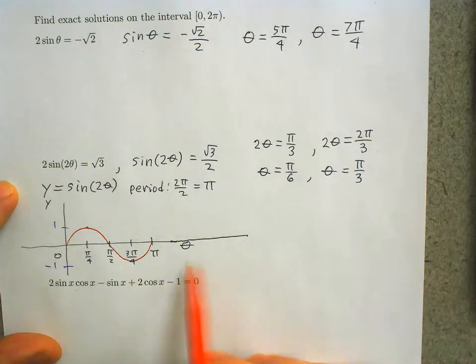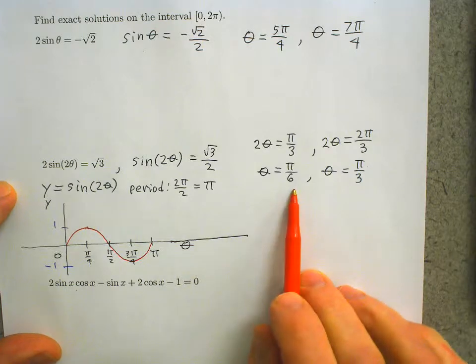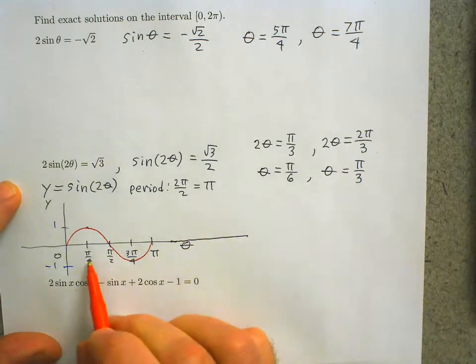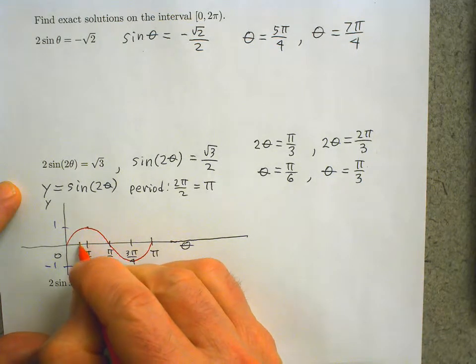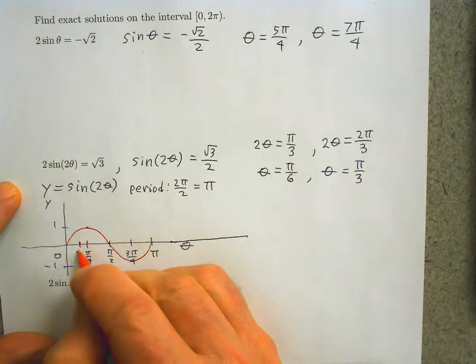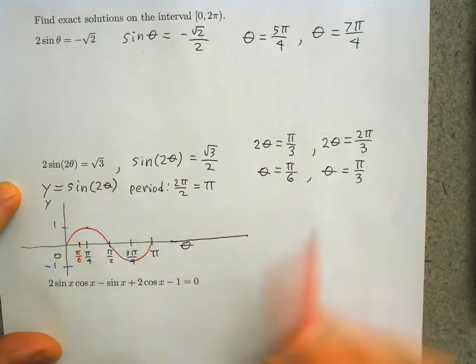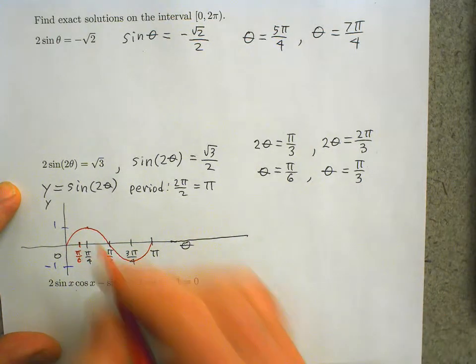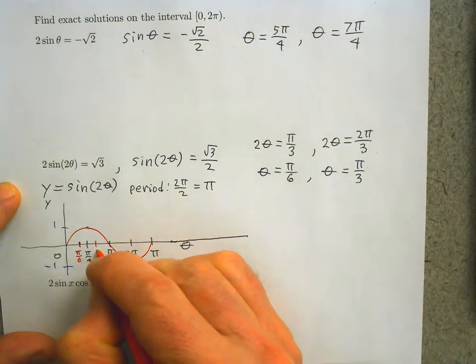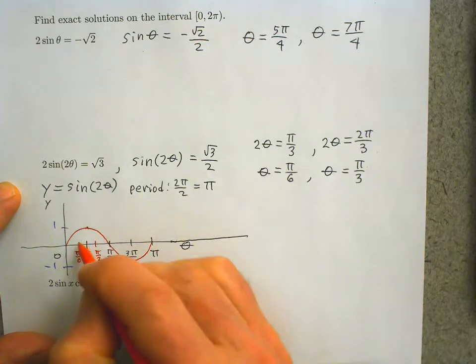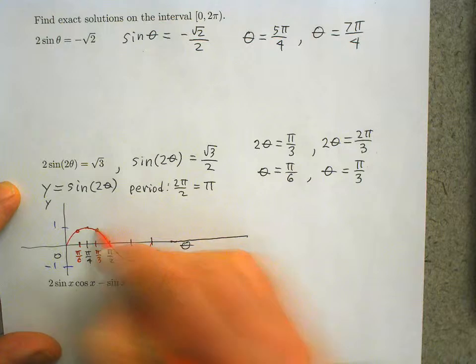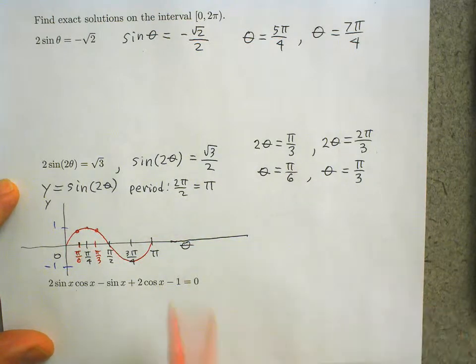Okay, so the two values of theta that we found are pi over 6. Pi over 6 is to the left of pi over 4. And pi over 3 is to the right of pi over 4. And so we found two solutions. But we want to find all solutions between 0 and 2 pi.